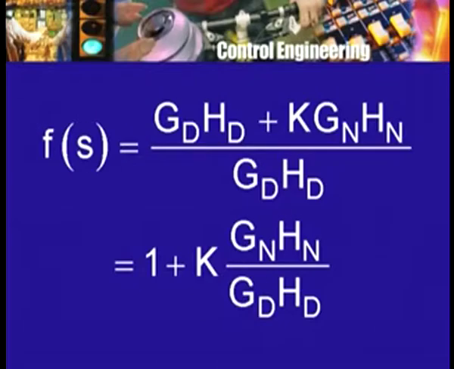Of course, if you look at the poles and zeros of f, the zeros of f are unknown to us, but we know that they are all finite, or they are all complex numbers, none of which is infinite, because this polynomial, a polynomial of any degree, has finite roots. The denominator is GD HD. These are the poles of G and the poles of H. If there are any, then they are also known.